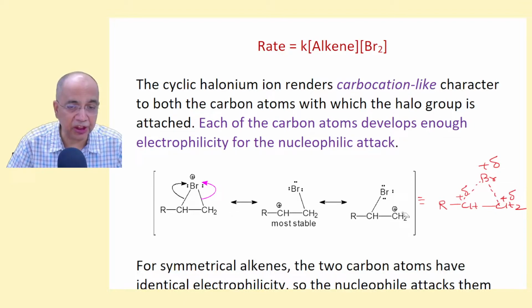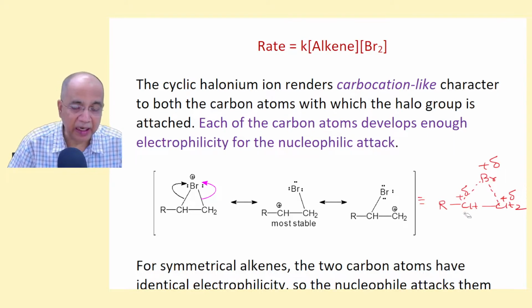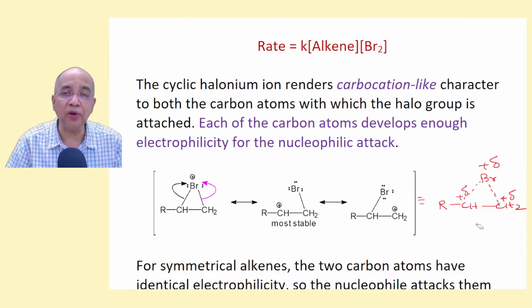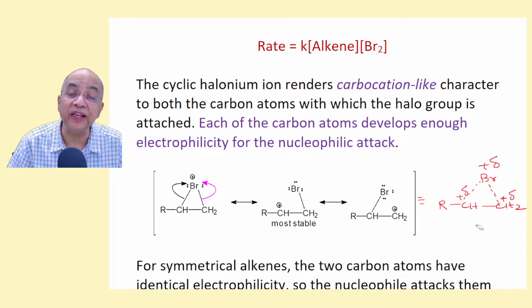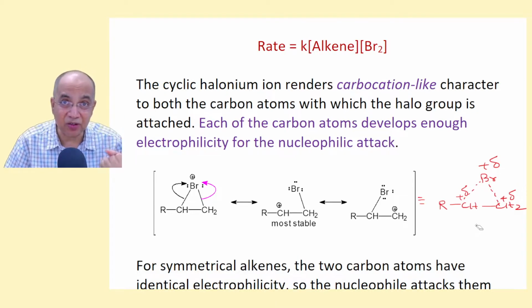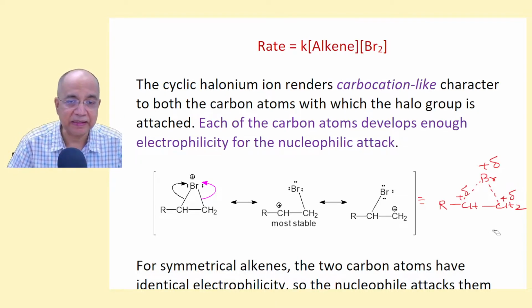So these are the three resonance contributions, and hence in the actual hybrid structure, both the carbon atoms of the erstwhile double bond acquire partial, fractional positive charge, so also bromine. Therefore, these two carbon atoms are now electrophilic centers to attract, to invite nucleophiles.